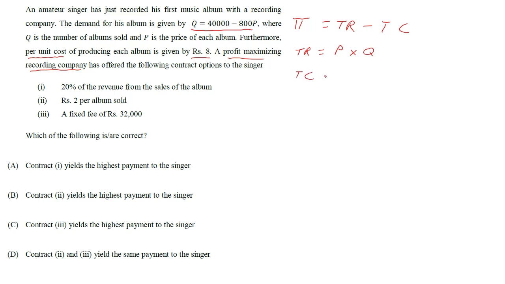As far as total cost is concerned, it will be the number of units into unit cost, or quantity into unit cost. Since the unit cost is 8, I can simply say 8Q.